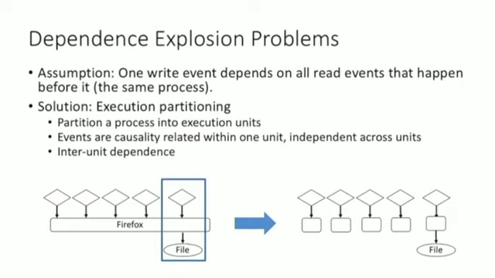And for all the events that happen in different units, by default, we assume they don't have a dependence. That's how we stop the propagation of the dependence. And by leveraging the inter-unit dependence, this will complete the graph. We won't lose any necessary dependence here.